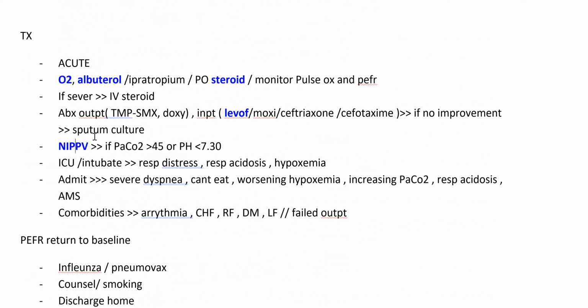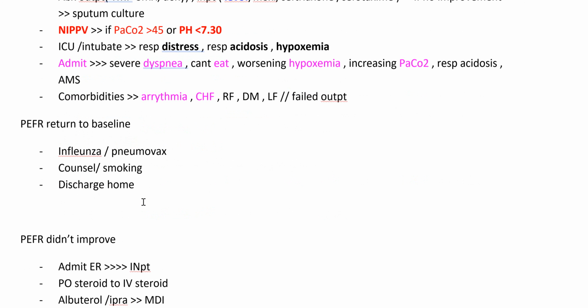NIPPV, those are criteria I want you to remember: pH less than 7.30, PaCO2 more than 45. You intubate if there is respiratory distress, acidosis, hypoxemia. Admit if there is severe dyspnea, can't eat, worsening hypoxia, arrhythmia, CHF.